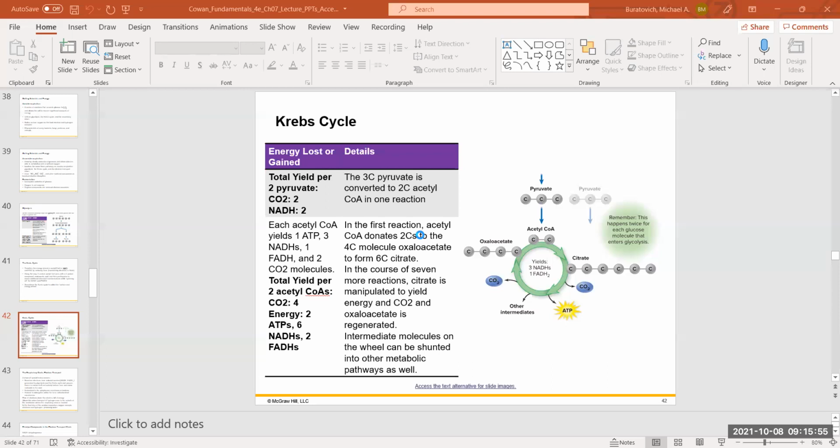And then glucose is used to make cell walls, and some bacteria can make all the amino acids, like E. coli. Others need them in their diets.